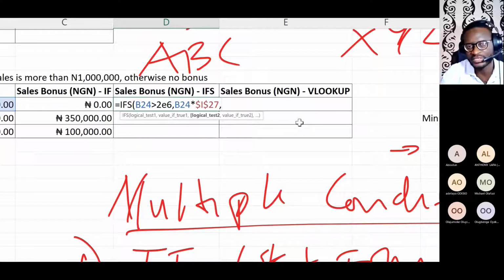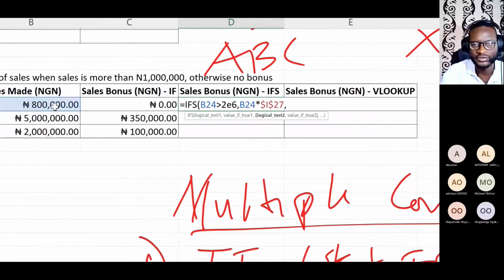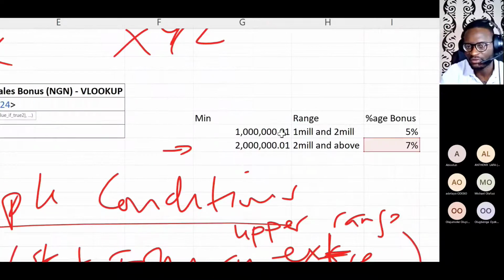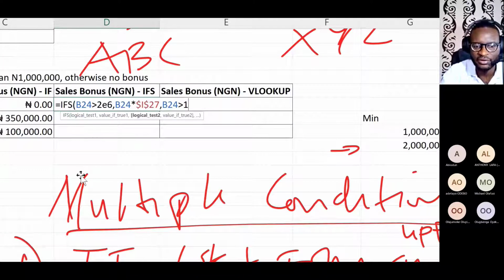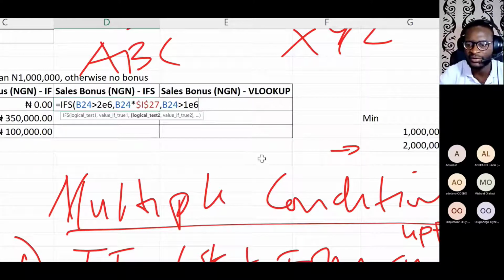Remember, we have 3 conditions actually. So I want to also check what you did, is it greater than 1 million? So E6, I already explained it in case some people just joined and are surprised, what is the meaning of E6?